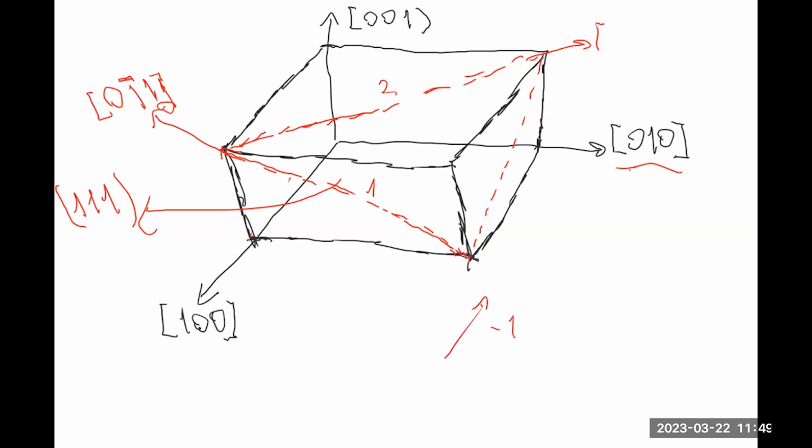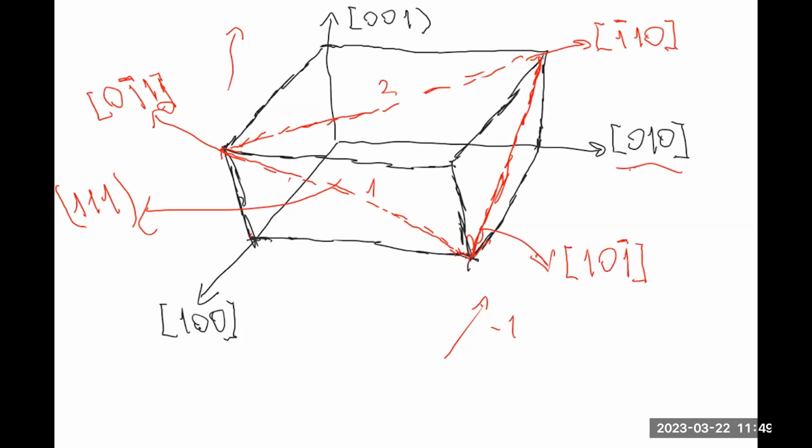Do we go along the z-axis? 0, right? -1, 1, and 0. How about this guy right here? We are at the y-axis, so +1, right? 1, 0, and -1.